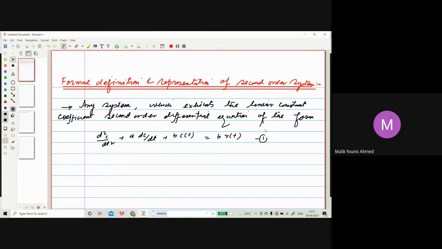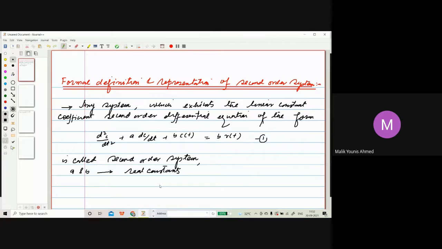Any system which has a linear differential equation of this form is called a second order system. A and B are real constants.